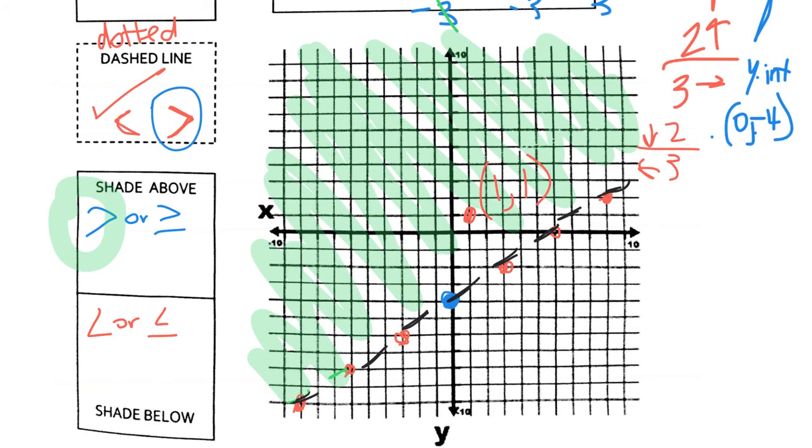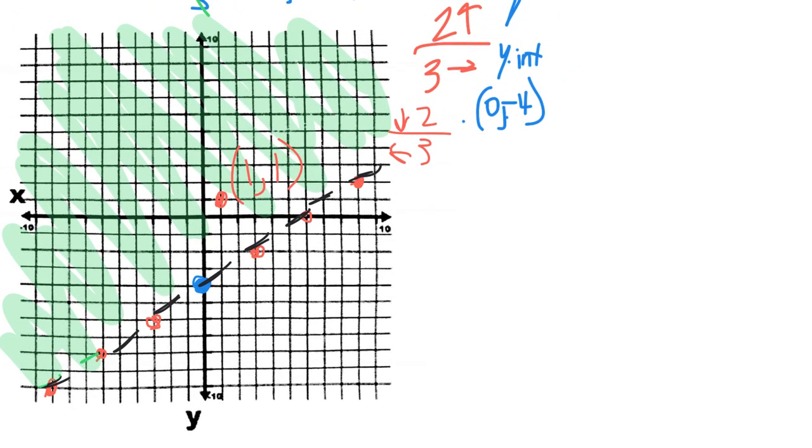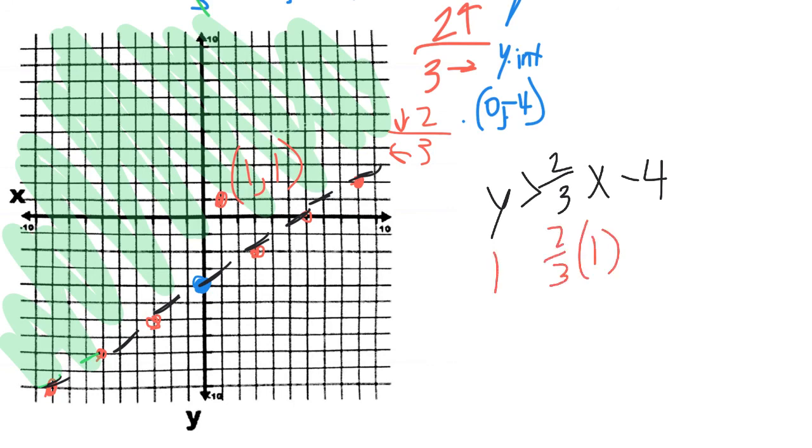To check my answer, I would take my original inequality: y is greater than 2/3 x minus 4. I'm going to plug in 1 for my x and 1 for my y, and make sure this gives me a true statement.